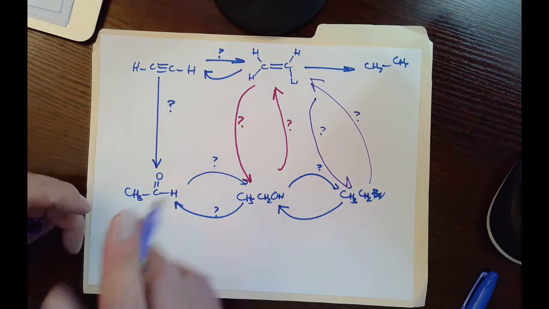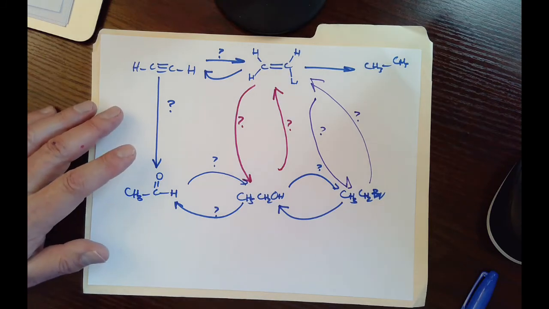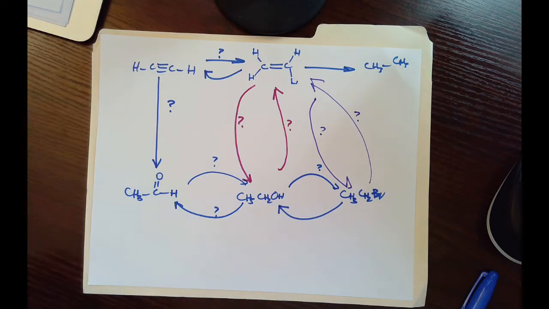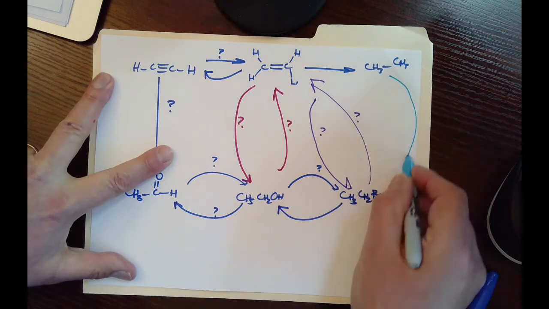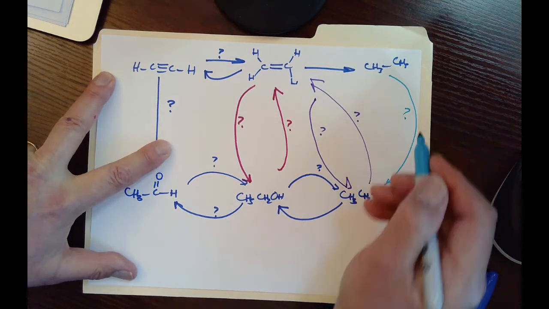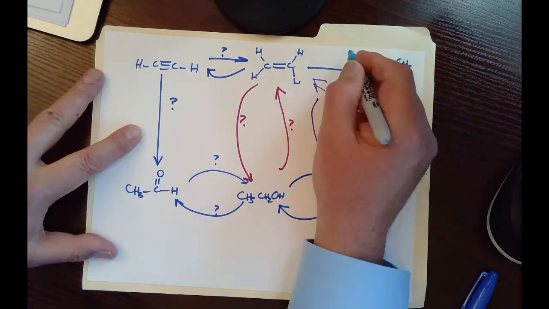And the last but not the least, how to go from the alkane on the top, ethane, to this. So many reagents, right? Many reagents. This is my page 2.